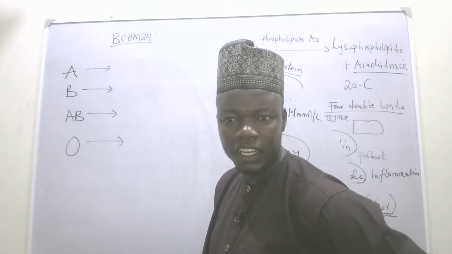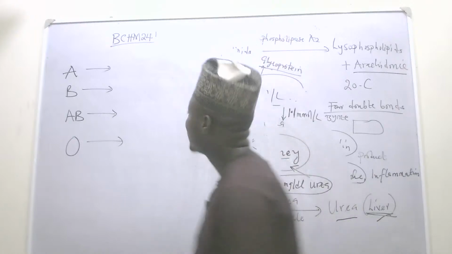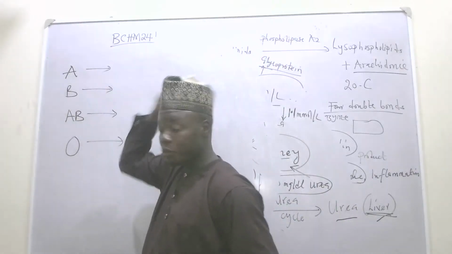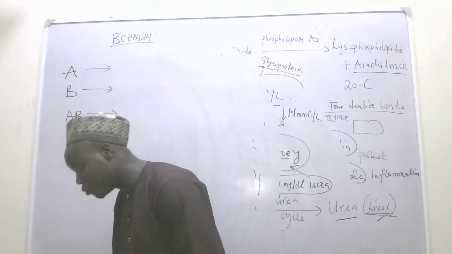Okay, someone said N-acetyl galactosamine. Okay, so you see, an individual with blood group A and B, they have glycoproteins.